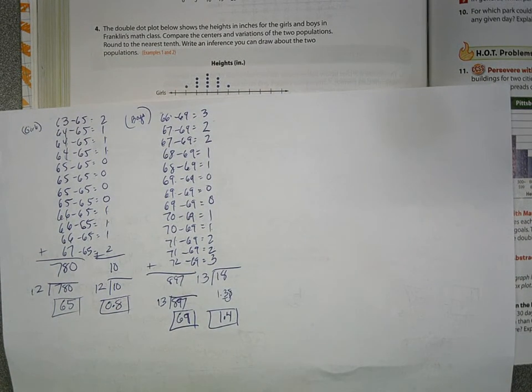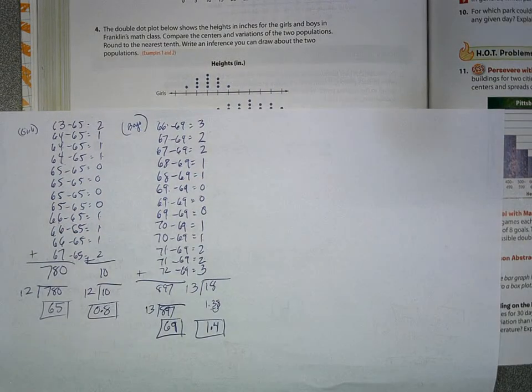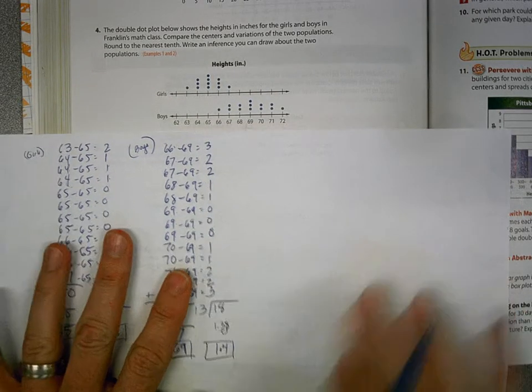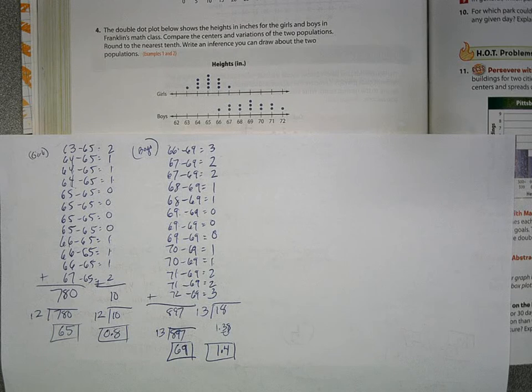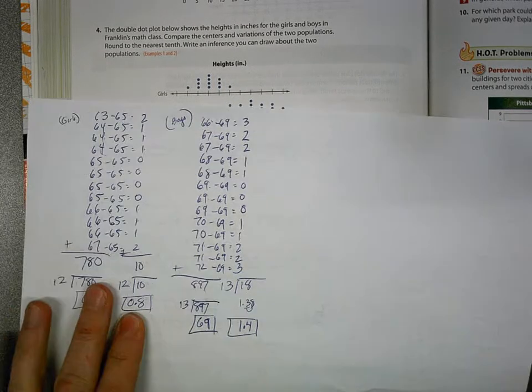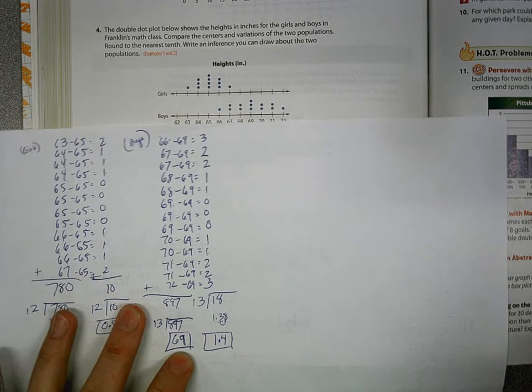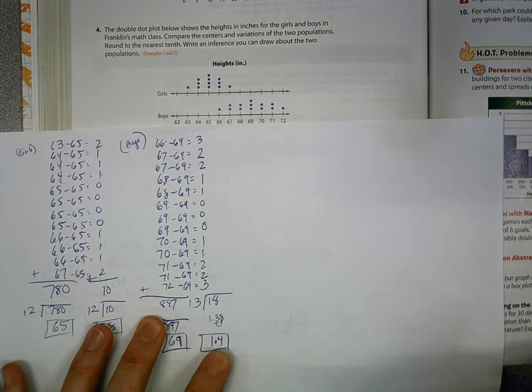You could say the mean for the heights of the girls in Franklin's class was 65, with the mean absolute deviation being 8/10. The mean for the boys' height would be 69 inches, with 1 4/10 mean absolute deviation in inches.